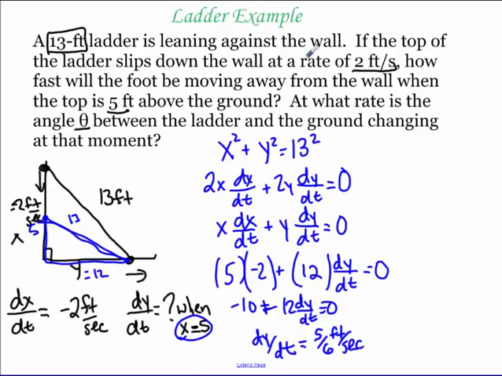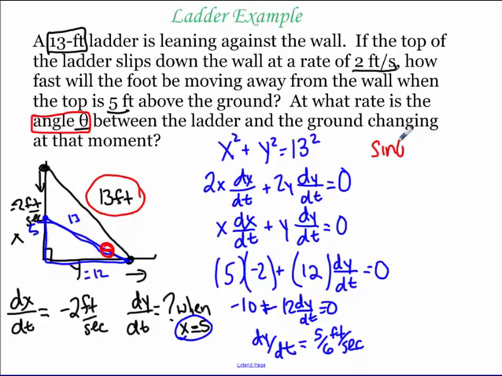Now part B, at what rate is angle theta between the ladder and the ground changing? So right here, I want to know how that theta is changing. Set up an equation involving theta. I recommend that you use one of your trig functions that involves the hypotenuse. I think our book uses tangent, but that gets a little hairy with our derivative. So I'm going to use sine.